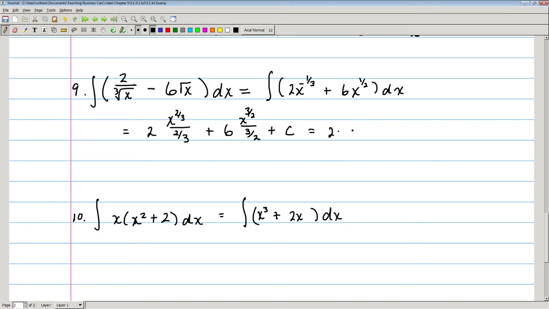Okay, so to divide by a fraction, we invert and multiply. Finally, another algebra step, we simplify. 2 divided by 2 is 1, so we have 3 x to the 2/3. 6 divided by 3 is 2, times 2 is 4, x to the 3/2, plus c, our answer.